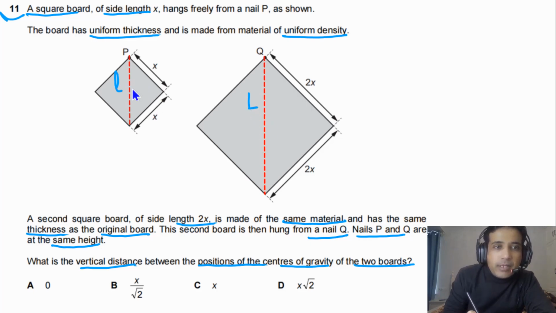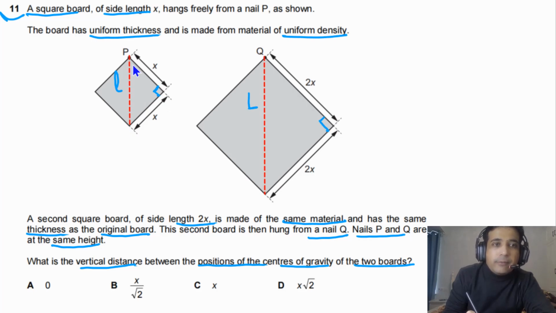So we need to find out first of all what is the value of l. If you look at these two sides, you can see the angle between them is 90 degrees. And if you look at these two sides, you can also see this angle is 90 degrees. It simply means that this is a right angle triangle.